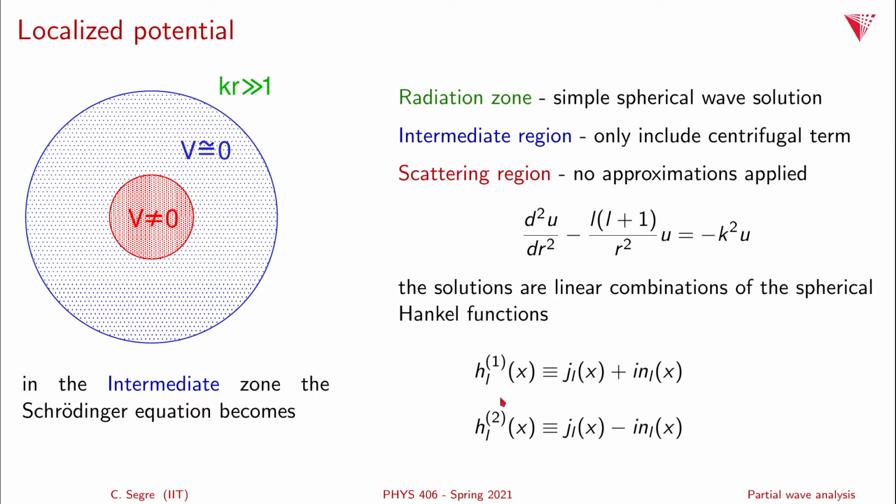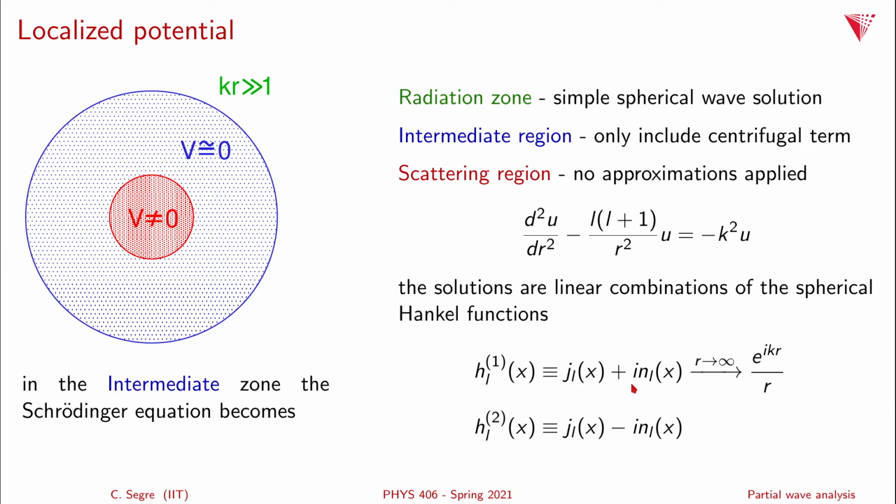And the second kind of Hankel function is j sub L of x minus I times n sub L of x. So you can see these two come in pairs. It's the positive and negative combination of the Bessel and the Neumann functions.